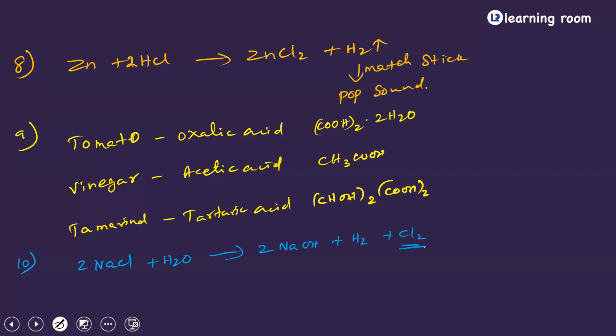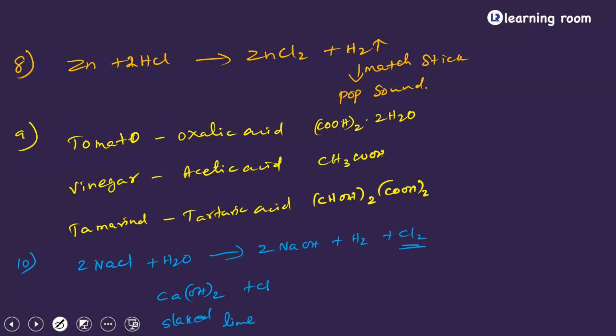So you have two gases, hydrogen and chlorine. So what is the question? The X gas reacts with the slaked lime to give the compound Y. So what is the slaked lime? Very good. So calcium hydroxide or lime water or slaked lime.